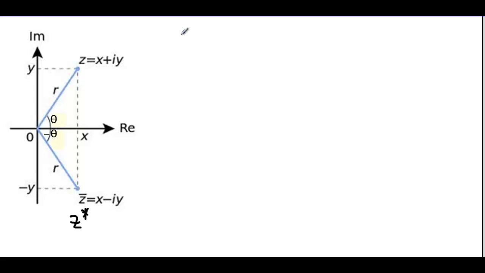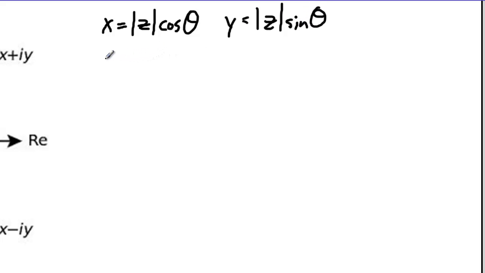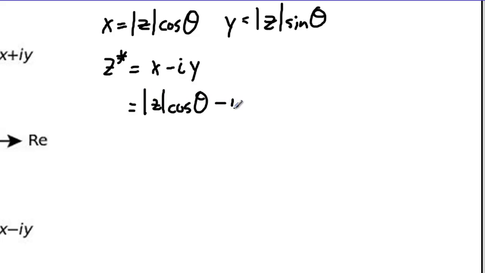From before, we showed that x was equal to the modulus of z cosine theta, and y was the modulus of z sine theta. Then the conjugate of z, which is x minus iy, would be the modulus of z cosine theta minus i times the modulus of z sine theta.